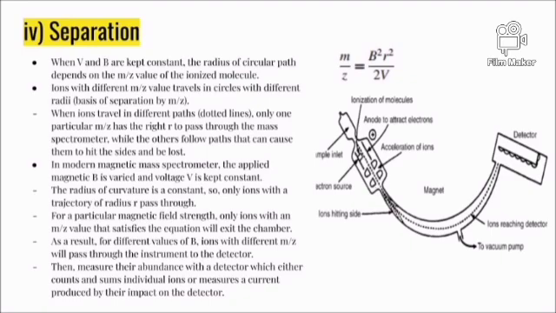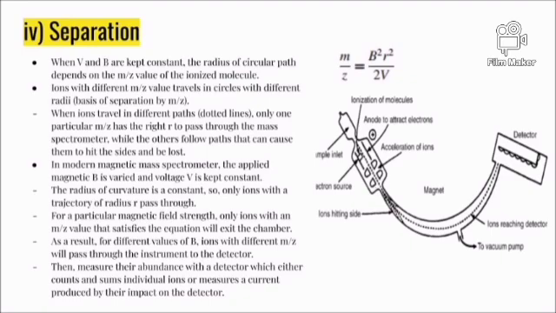Basically that is for the magnetic mass spectrometer, but in a modern magnetic mass spectrometer, the applied magnetic field B is varied and voltage V is kept constant. The radius of curvature is constant, so only ions with a trajectory of radius r will pass through.